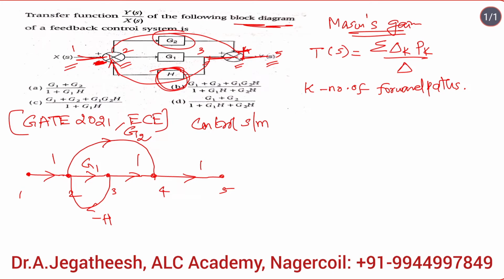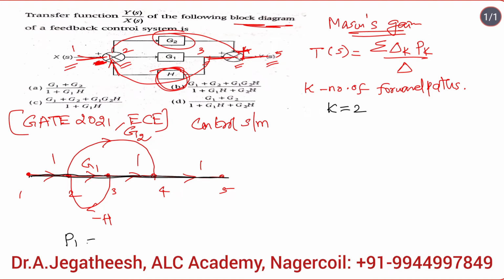What is a forward path? From input to output, how many paths are there? Input to output you have 1 path, and the next path will be the straight way. So k equals 2.